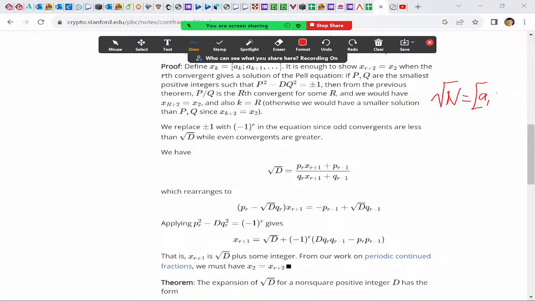And then it equals a bunch of a's, x_2, like that. Or it equals a_1, a_2, all the way up to a_{R+1}, right? Yeah. And then x_{R+2}.